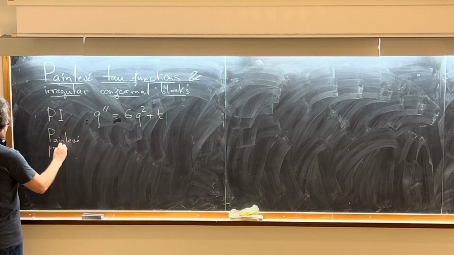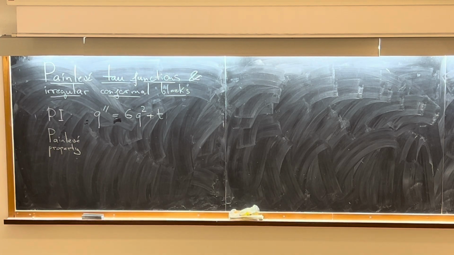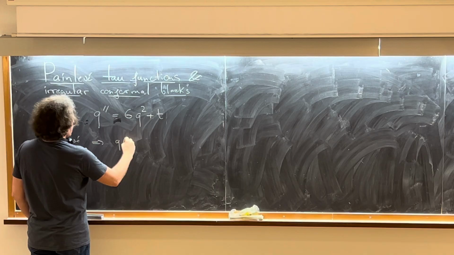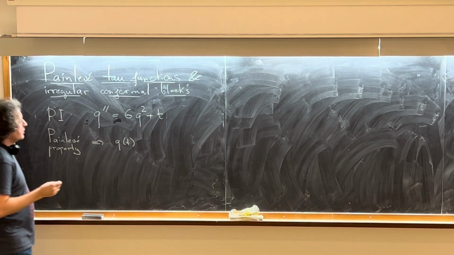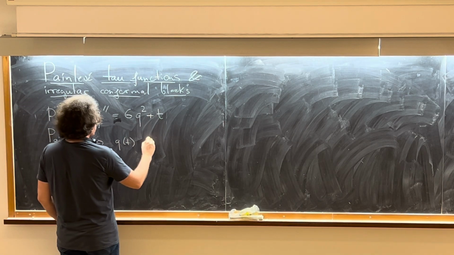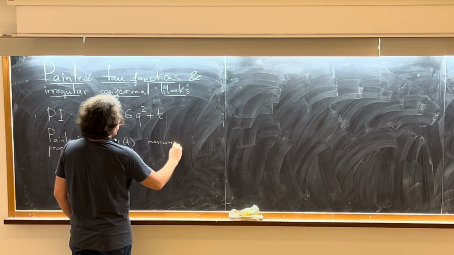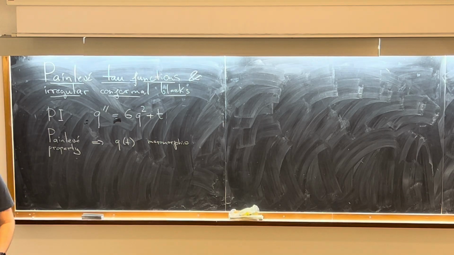Okay, so you have this Painlevé property of absence of movable branch points. Basically this means that the function q of t, the general solution of this equation, is meromorphic in the entire complex plane, and it can only have simple poles.